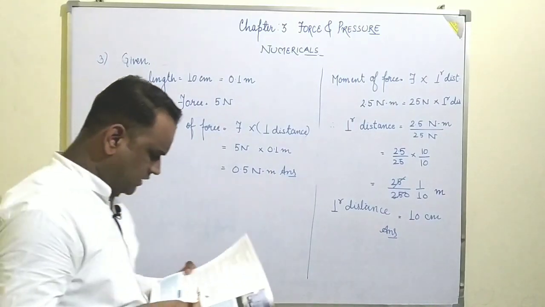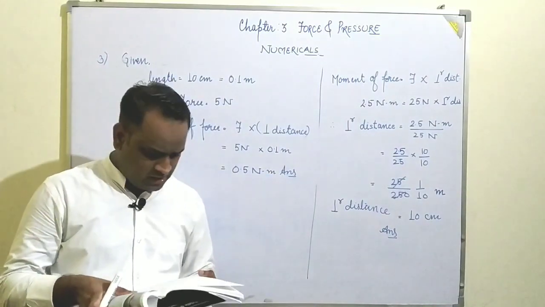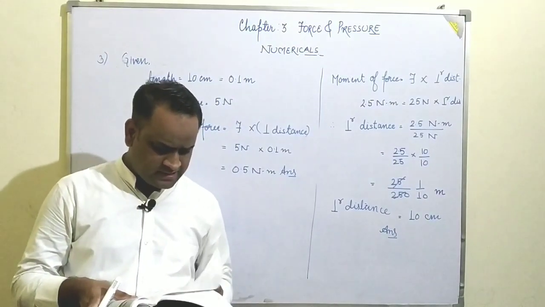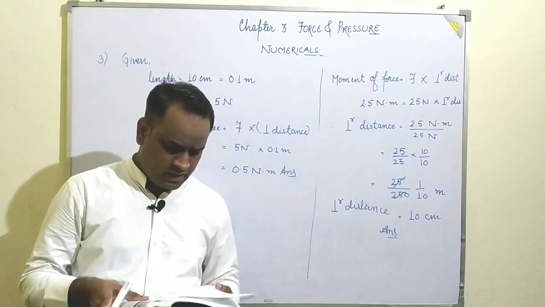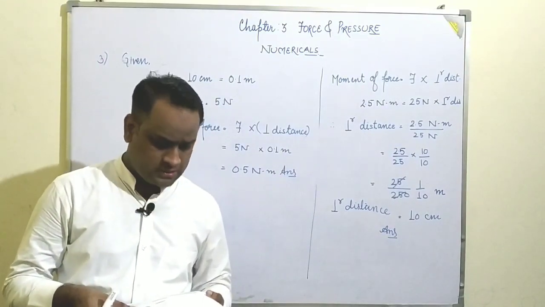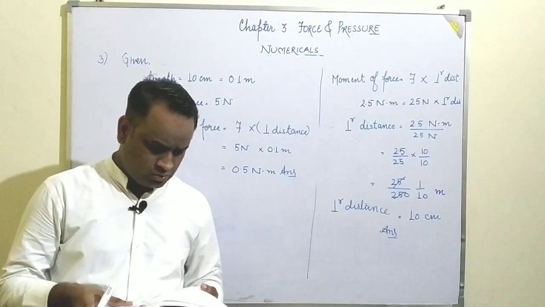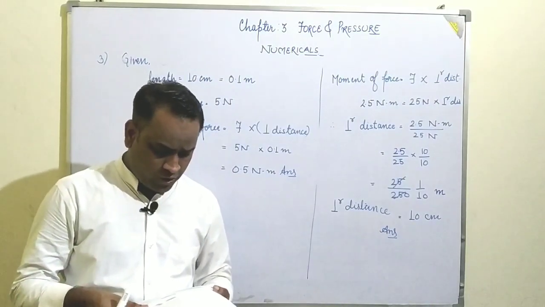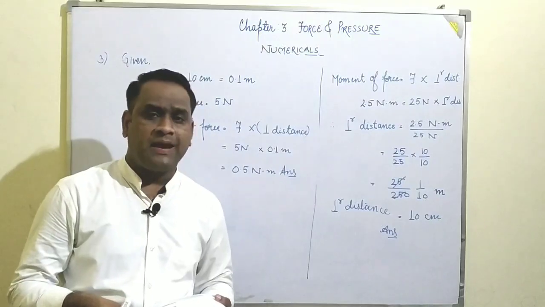The question says that a wheel of diameter 2 meter can be rotated about an axis passing through its center by a moment of force equal to 2.0 Newton meter. What minimum force must be applied on it?